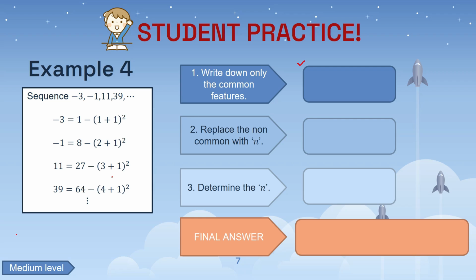N cube minus (n plus 1) squared, then n equals 1, 2, 3, 4 and so on.